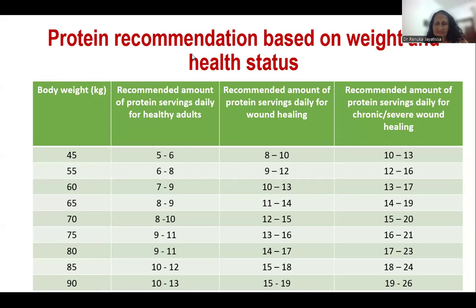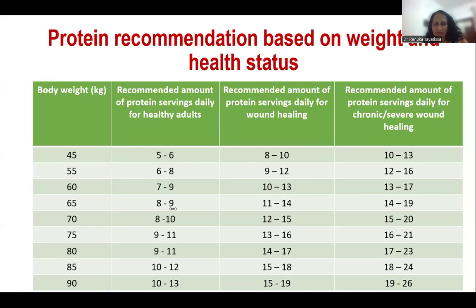We usually say one serving is something like 7 gram of protein. So you can see, according to the body weight, how much protein a normal person needs. And the third column is the amount of protein that people need for wound healing.